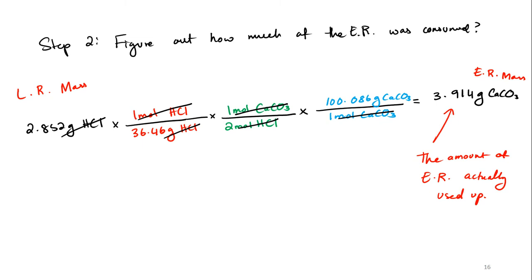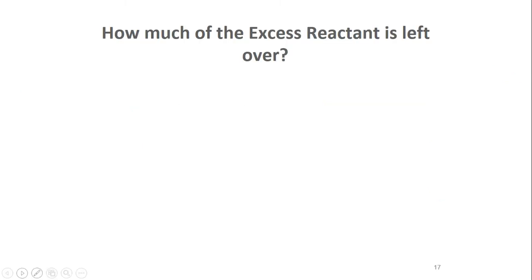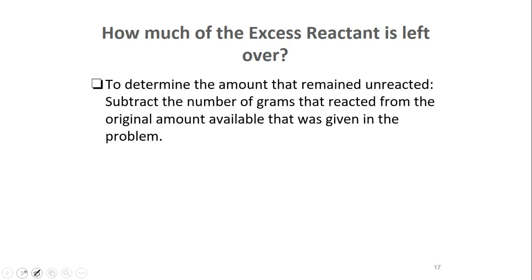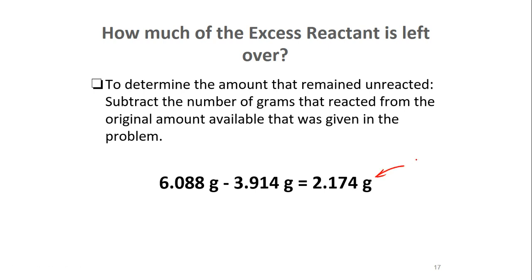So that means if we subtract this amount from the original 6.088 grams, we'll know how much of the excess reactant is left over. So that's going to be 6.088 grams minus 3.914 grams. That gives us 2.174 grams of excess reactant left over.